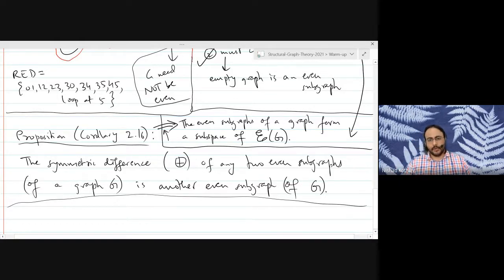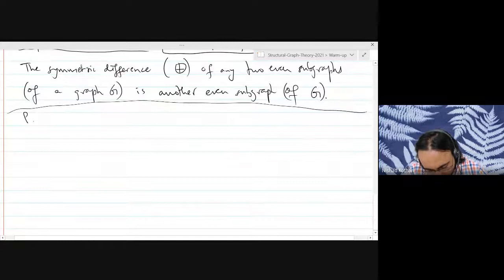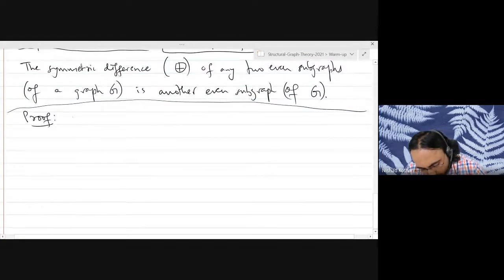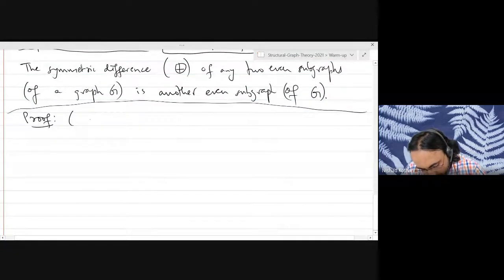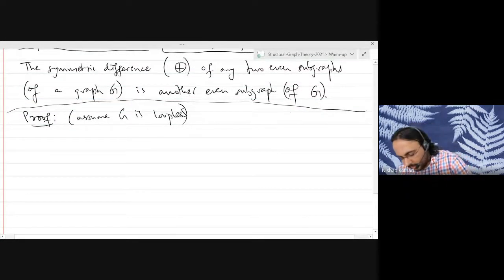Okay. If not, let's prove it. I'll give the general proof to you as an exercise, but I will prove it for loopless graphs. Assume that G is loopless. So let's not worry about loops for the time being. That will be a good exercise for you.